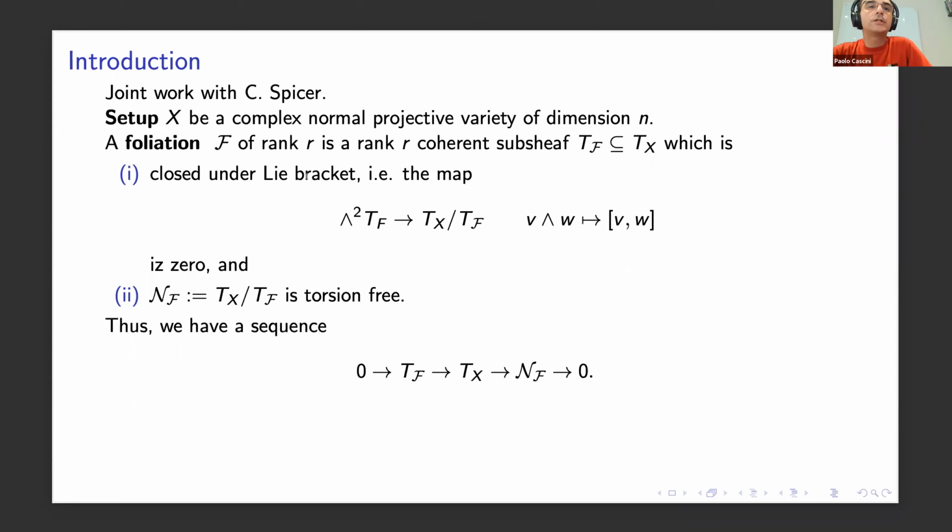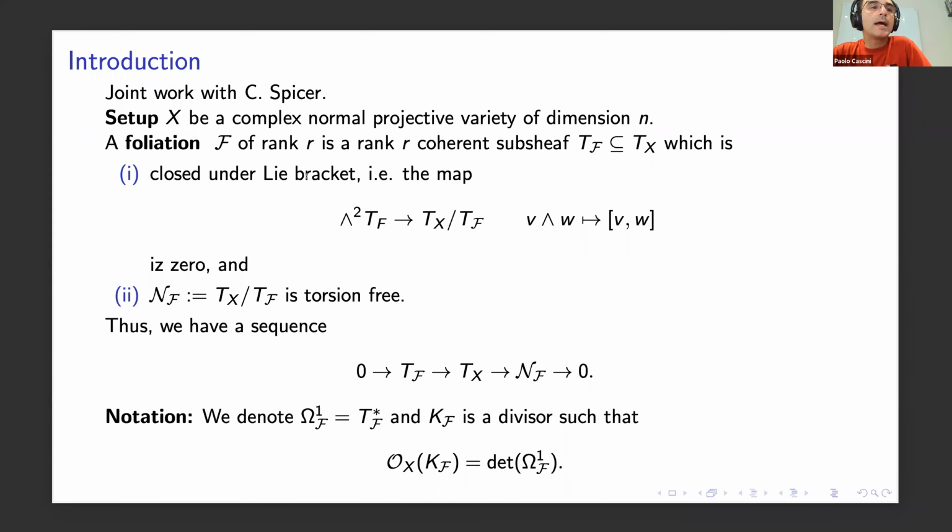In terms of notation, before I talk about some basic properties, we have a sequence given by the normal sheaf, and we denote by Ω^[1]_F the dual of the tangent sheaf of the foliation, in other words the sheaf defining the foliation. More importantly, this will be the object that plays a role in what we're going to do. We denote by K_F one of the divisors for which the associated sheaf coincides with the determinant of the dual of the tangent sheaf.